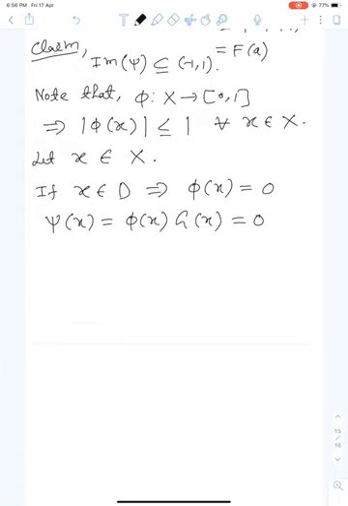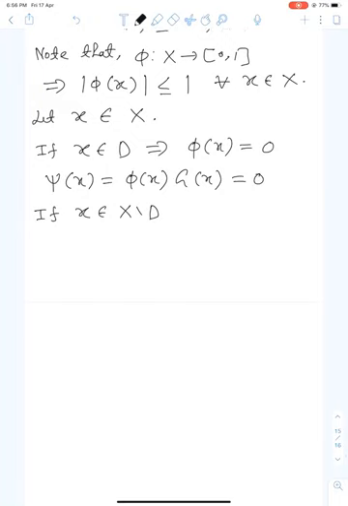Now what if my x belongs to D complement? Now if x belongs to D complement, that implies we already have that phi(x) is less than or equal to 1 and mod of g(x) is strictly less than 1.